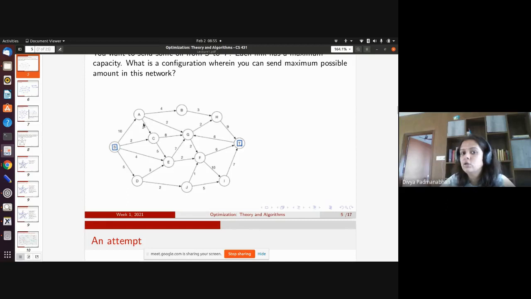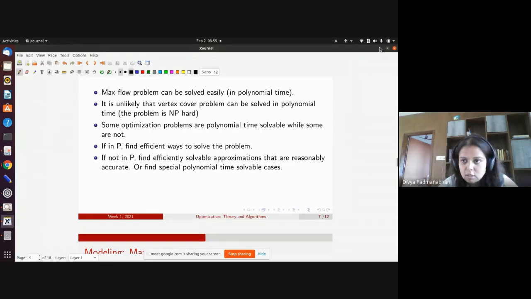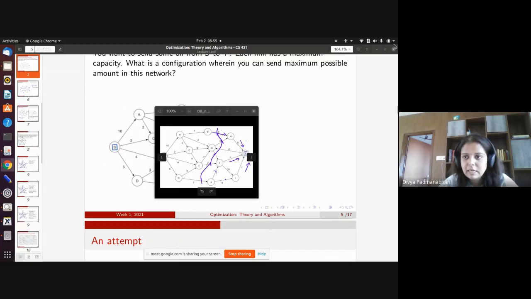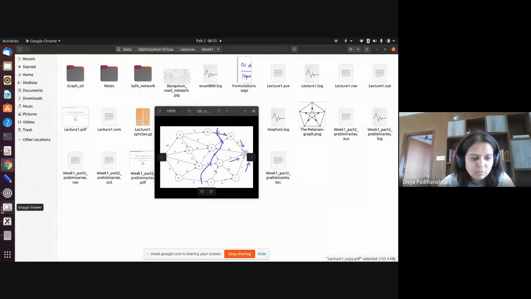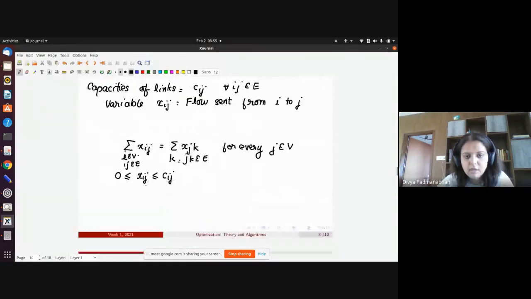There's nothing that you can store at each of these nodes. So if you say that instead of equality, this is less than or equal to, what it would mean is that you're sending in something less than what is going out.